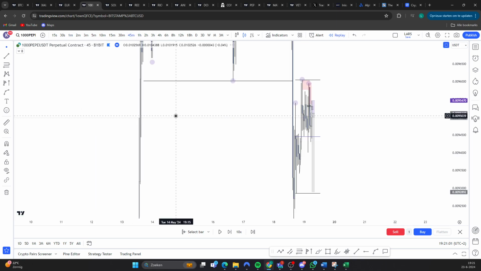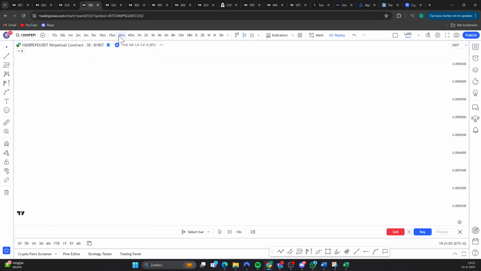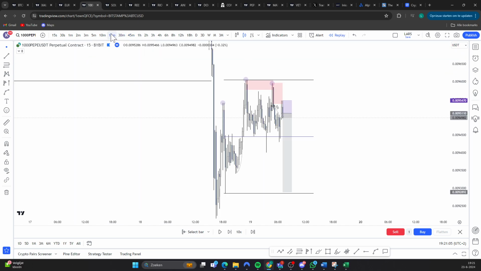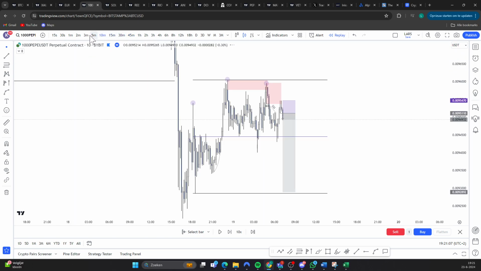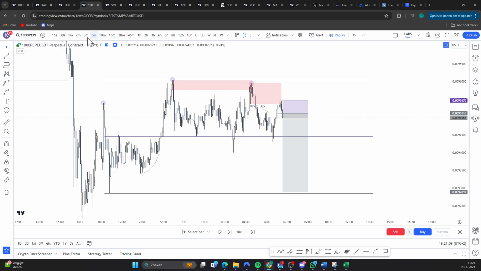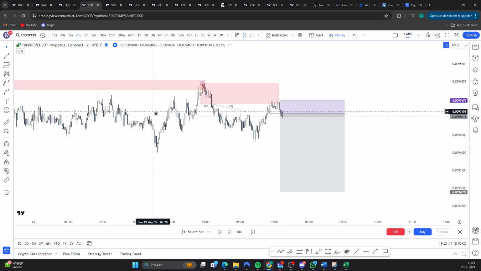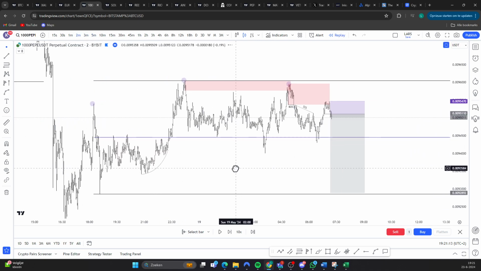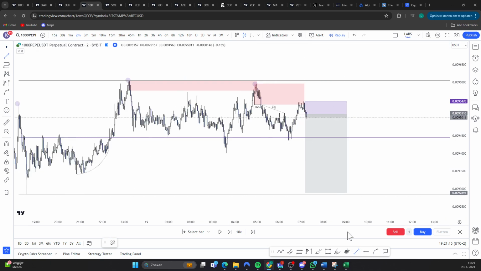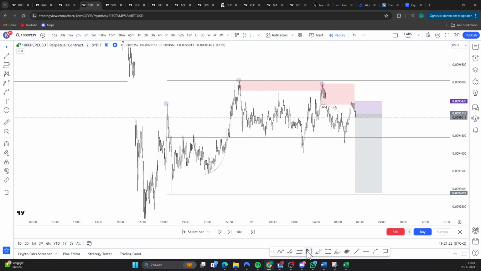Locally speaking, let's check. No real demand, proper demand to hold price up. Important POI is this low. We have to see what happens at that low.